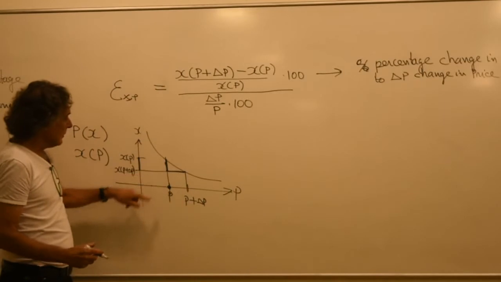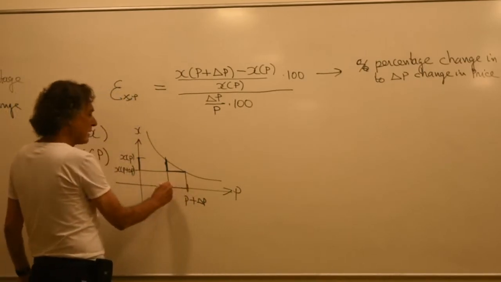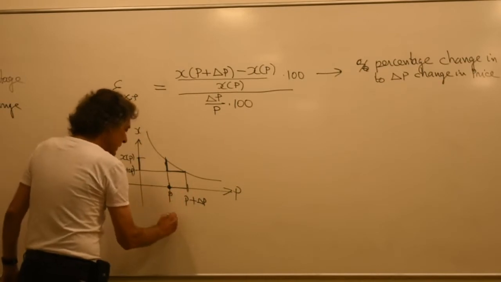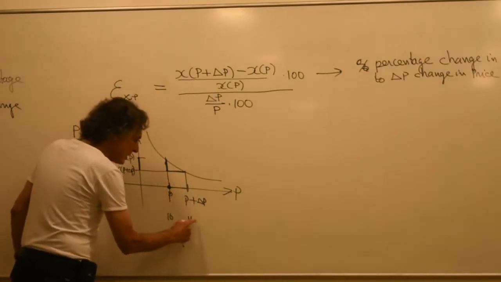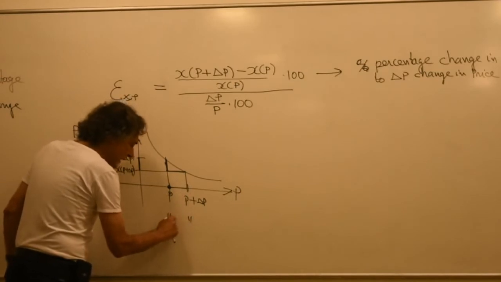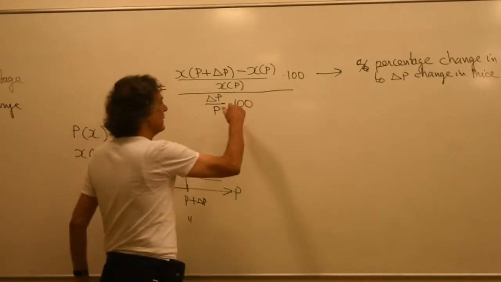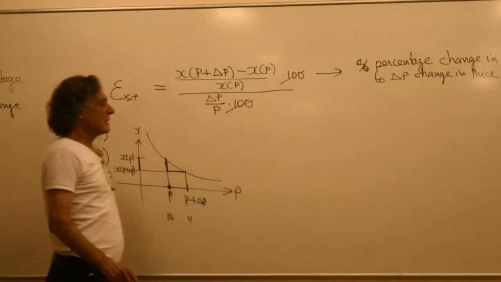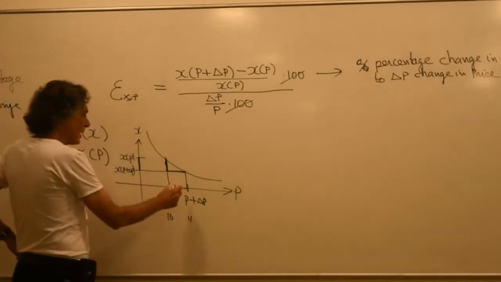So in percentage terms, it is delta P divided by P. Let's say that P was 10, and I increase it to 11. So I increase it by 10%. The increase is from 10 to 11, 1, divided by 10, and multiplied by 100, but as you can see, the 100 cancels out. The same here, I ask, okay, what happened?